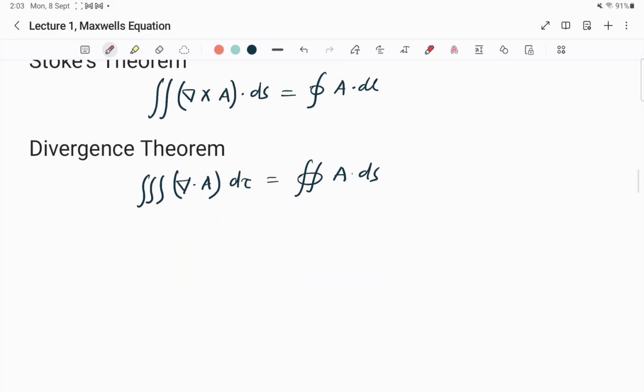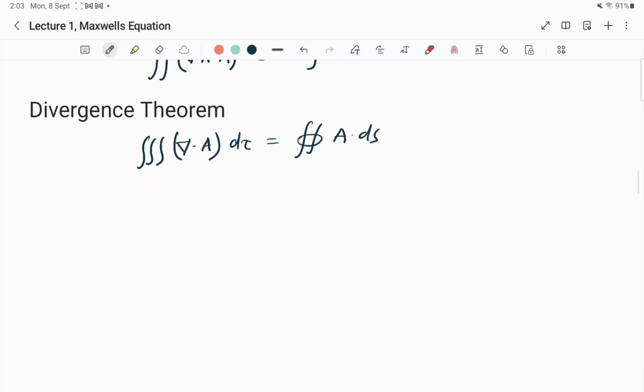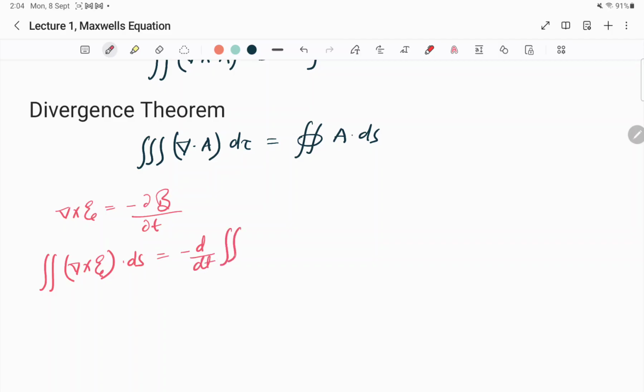So let me take the first Maxwell's equation, which is del cross E is equal to negative delta B by delta t. So if I do surface integration on both sides, del cross E dot ds is equal to negative d by dt surface integration of B dot ds.